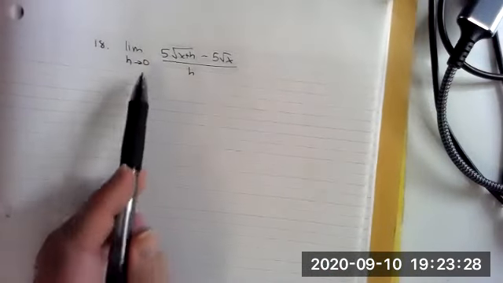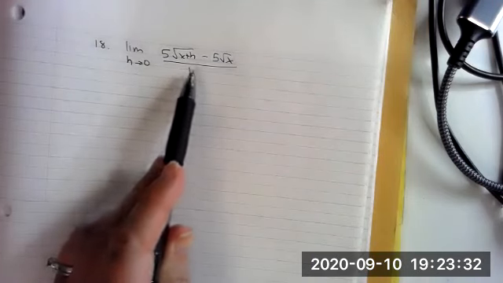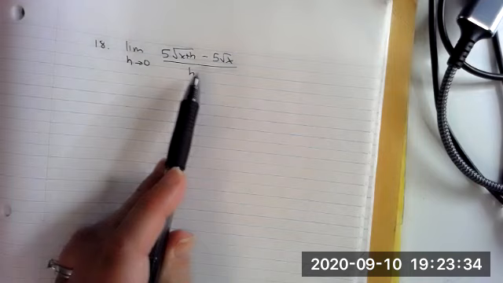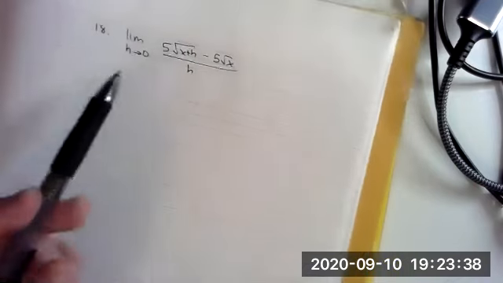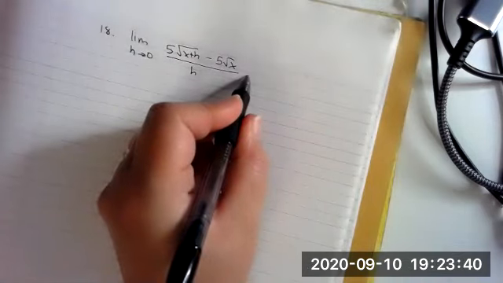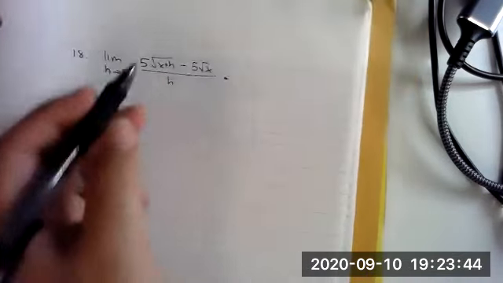Okay, so we can see that if we substitute h in, we're going to have a 0 denominator. But what you can do, again, is multiply it by the conjugate.